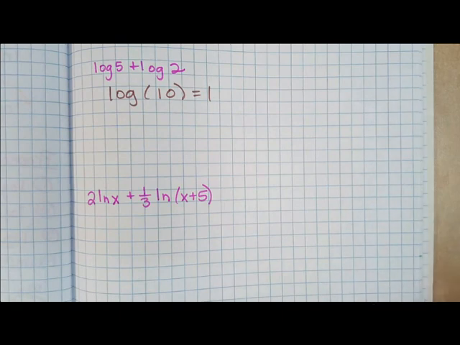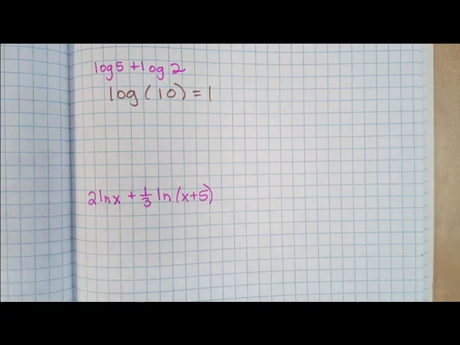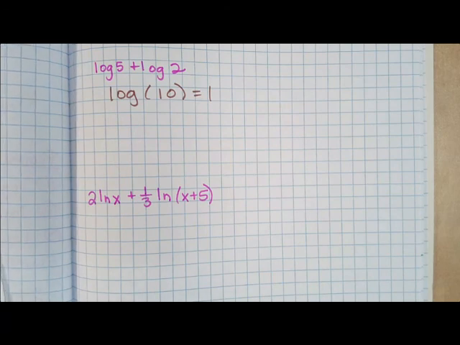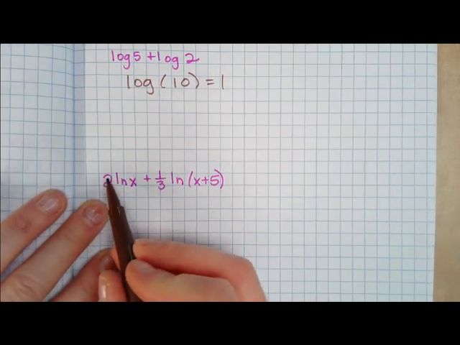2 ln x plus 1/3 ln of x plus 5. Okay, so let's translate this. 2 ln x.